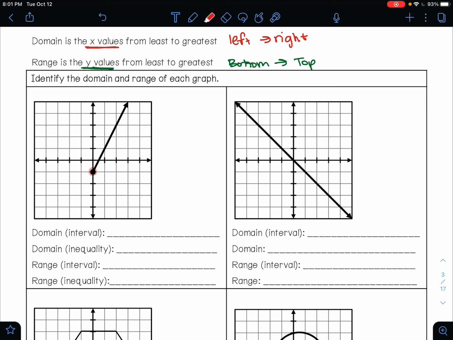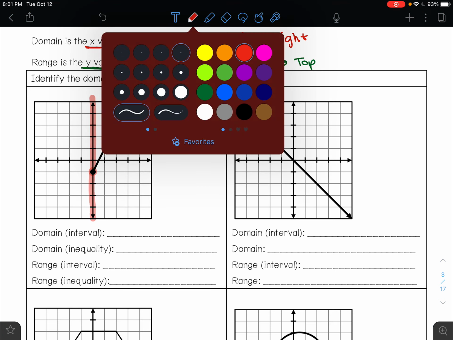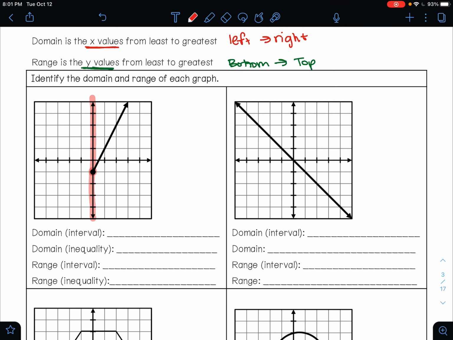What is my x value here? My x value is 0, because this point right here is the point (0, -1). This is x and this is y. So your x value is 0.